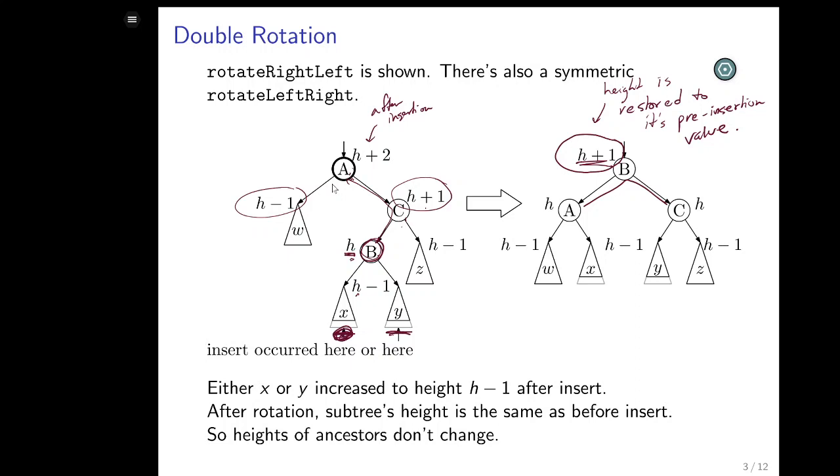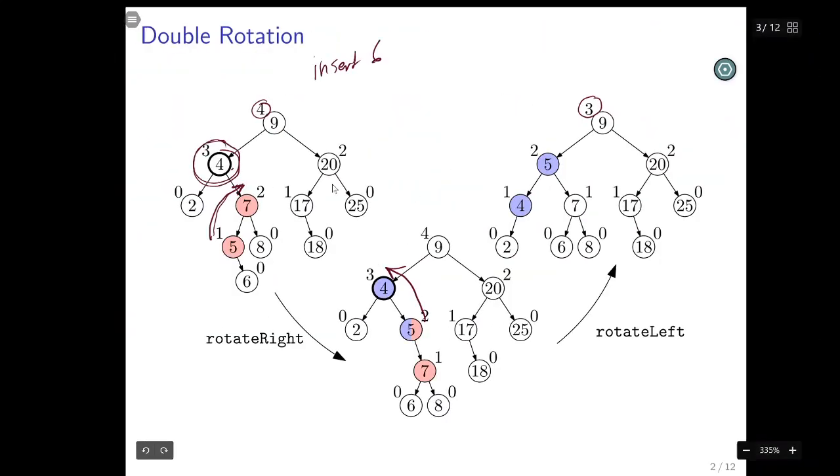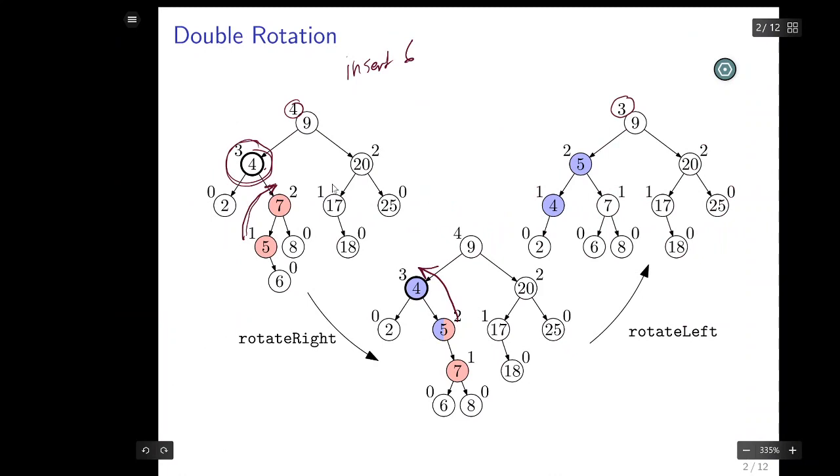Yep. How would the tree look like if it's just doing one rotation? You mean if I just did one of the two? Yeah. Well, it would pull like here. This is the rotate right. Oh, I can show you. It's like this. This is the first rotation that's done, is to this subtree of where the problem is.